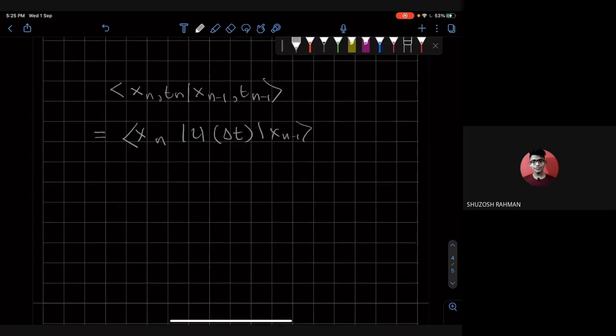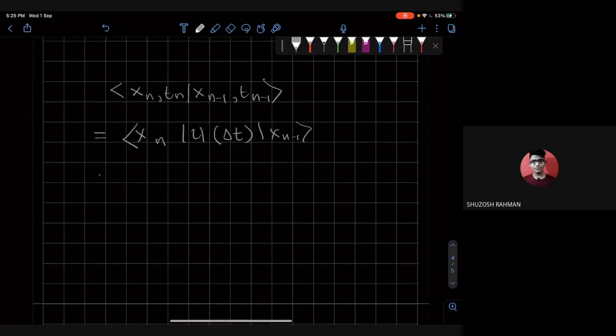Since delta t is very small, we can just approximate it as the bra of xn, the identity operator minus i by h bar, H delta t.